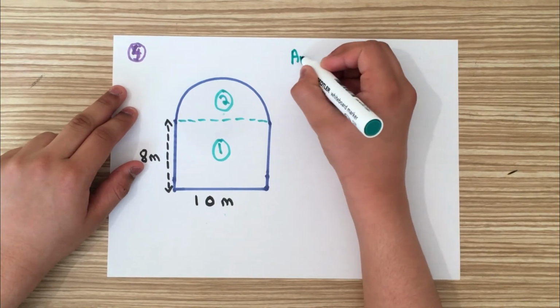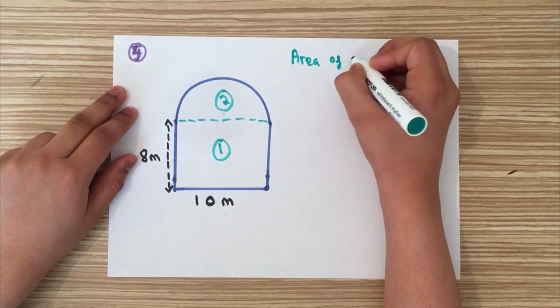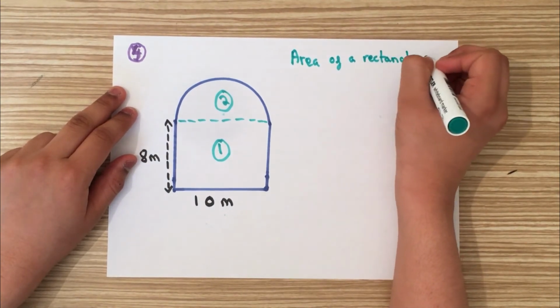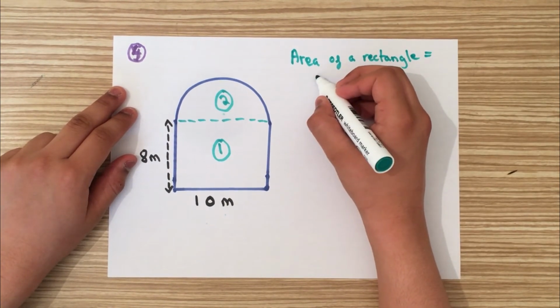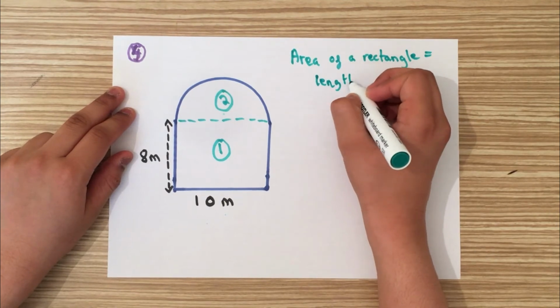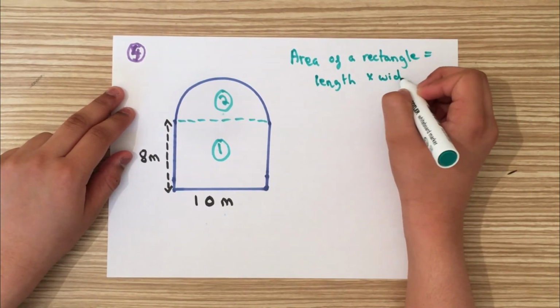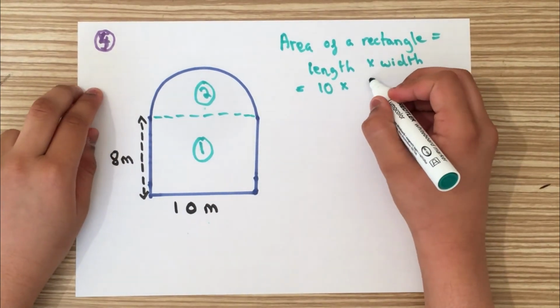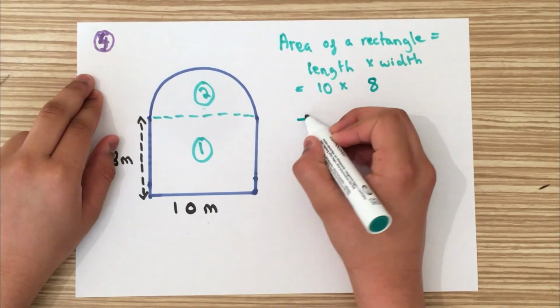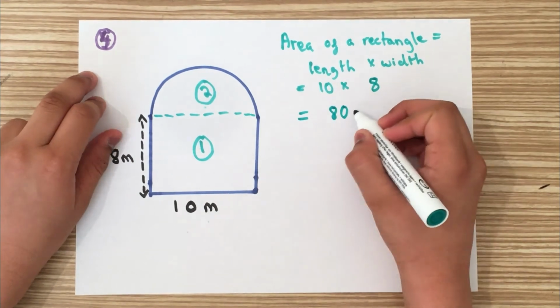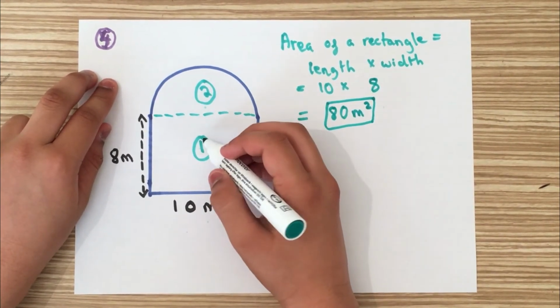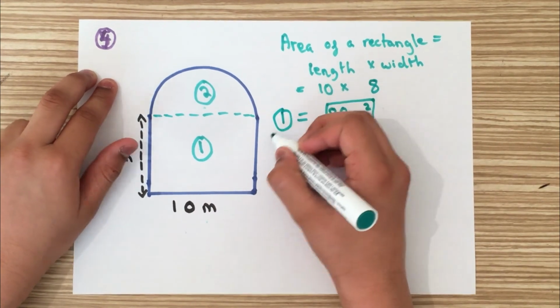The area of a rectangle is equal to length times width. So it's equal to 10 multiplied by 8. 10 multiplied by 8 is 80 meters squared. That's the area of this rectangle, 1.